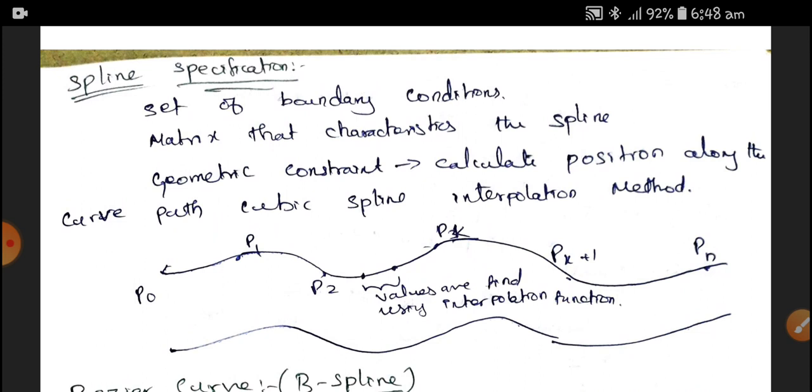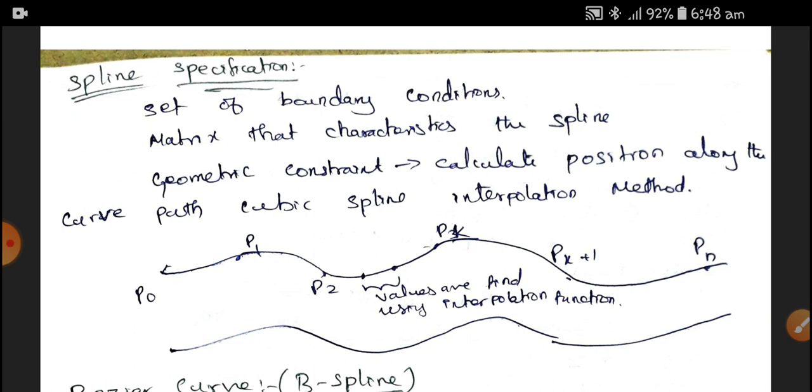Bezier curve. In spline specification, there is a set of boundary conditions. The set of boundary conditions needs a matrix that characterizes the splines, and it functions on geometric constraints, that is, calculating positions along the curve path.